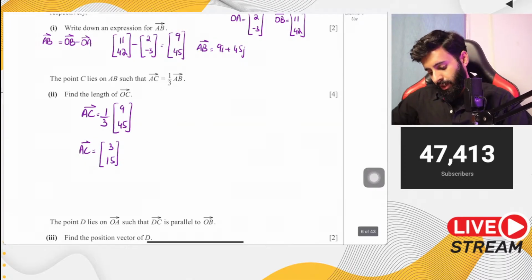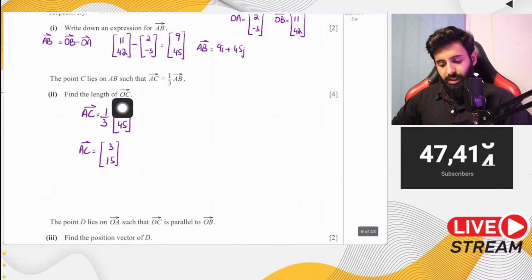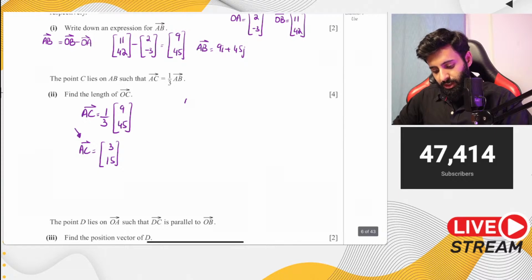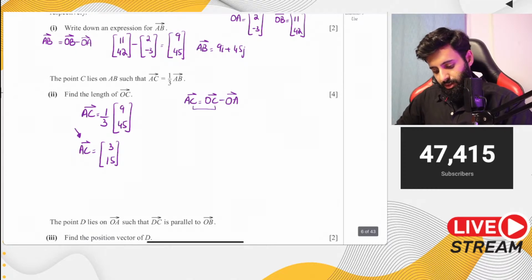Now before I can find out the length of OC, I need to find out the vector OC. How can I split open AC? AC you can split open by doing OC minus OA. Remember this rule: the element that's near comes first, the element that's further away comes after.